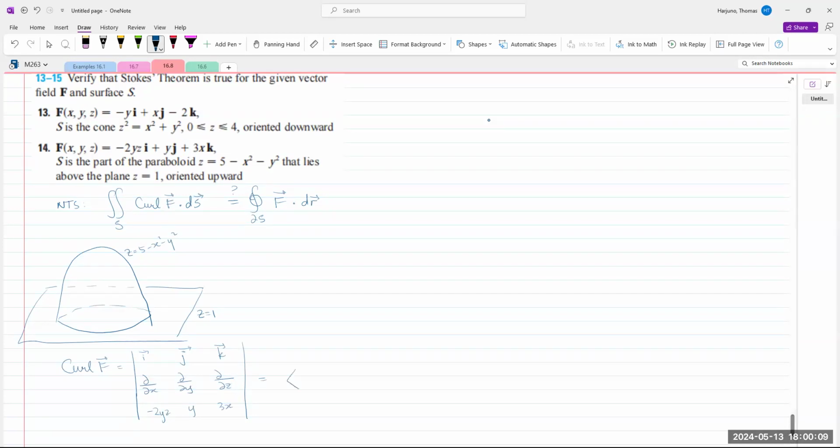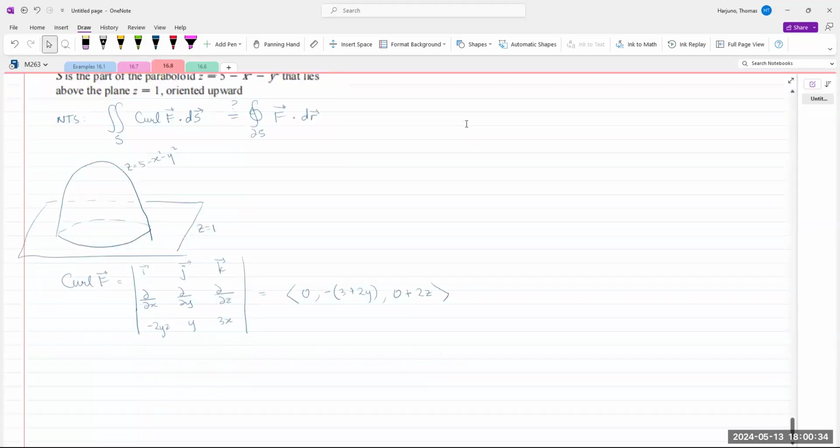That gives us 0, negative of 3 minus negative 2y, plus 2y, and then 0 minus negative 2z, plus 2z. That's the curl of F.